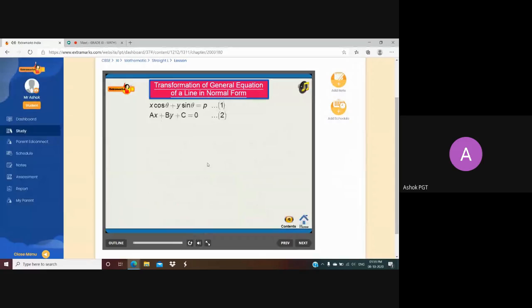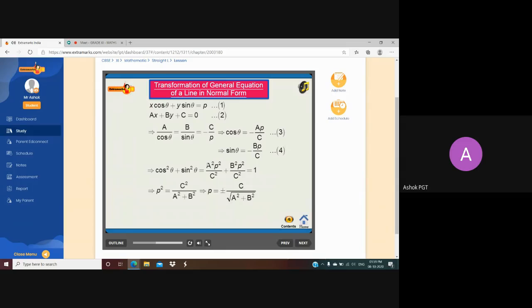Let equation 1 be the normal form of the line represented by the equation 2, which is in the general form. As both the equations represent the same line, we have the following relations. From the relations 3 and 4, we get the value of P as follows. Can you understand this, students?